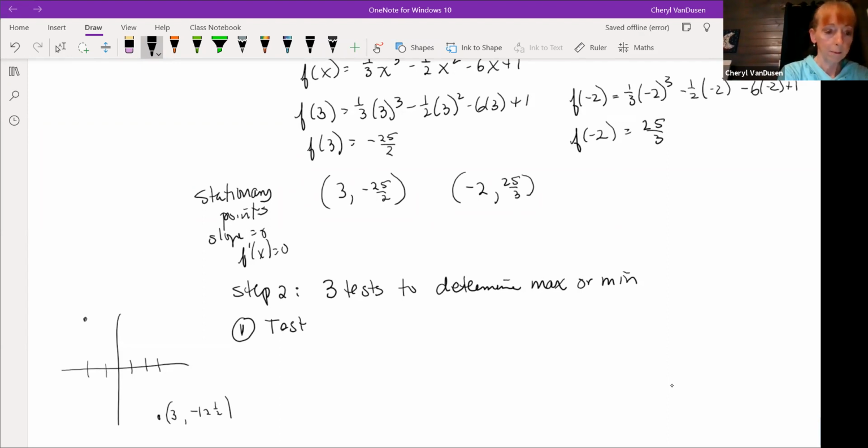Now, we can maybe suspect just by graphing that minus 2 is going to be a maximum, and the positive 3 one is going to be a minimum. So you can do some of the graphing to make sure it's okay. But what we're going to do is pick an x value over here and an x value over here, and we're going to find the y values.